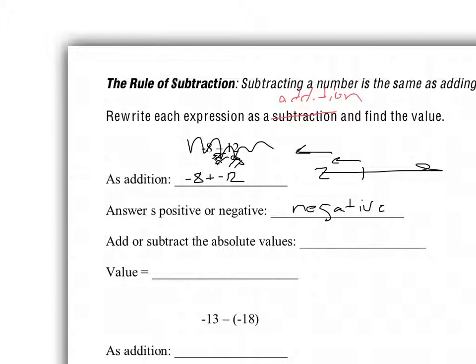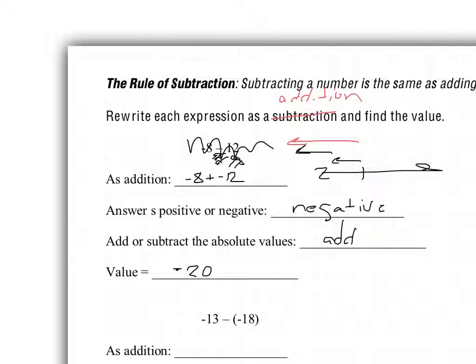And I'm going to be adding the absolute values here because both my arrows are going in the same direction, so that's using the same rule that we talked about before. And so our value is going to be 20 because 8 plus 12 is 20, and it's in the negative direction, so we're going to get negative 20. And that's all I really want you to do.